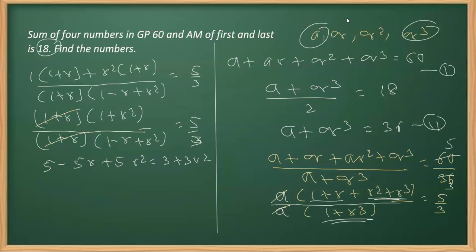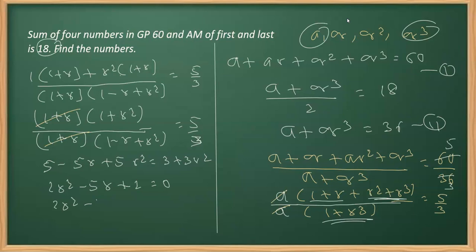Now writing them in the standard form, this is 2R square minus 5R plus 2 is equal to 0. Now we'll do middle term factorization. That is, we are splitting this.